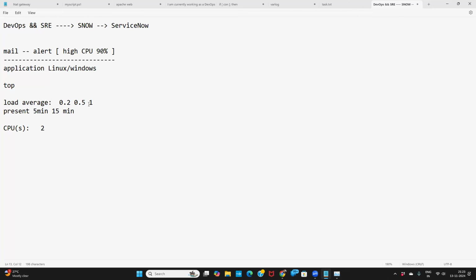Let us say you have 4 CPUs here. At this moment, I could see present load is 4 here. Here I can see 2. Here I can see 1. What is the load average we can identify?